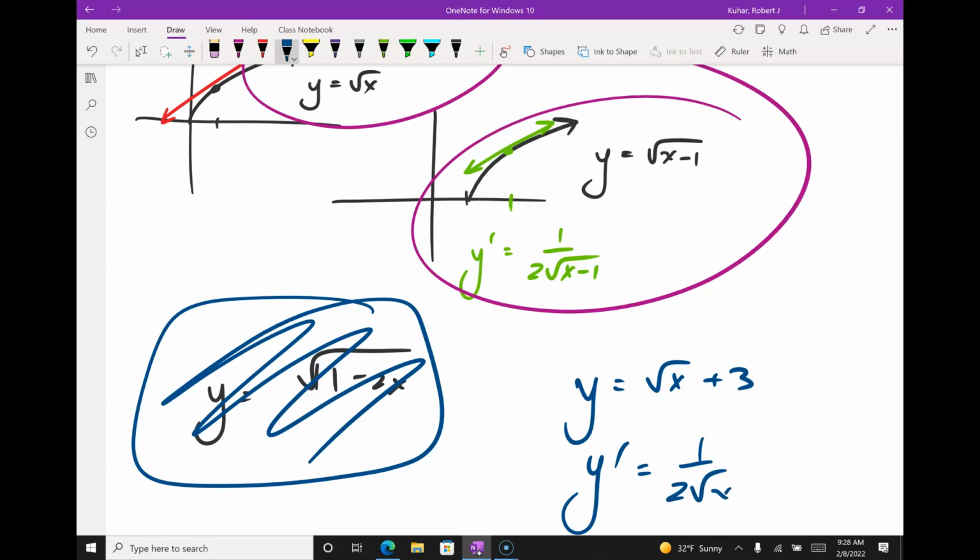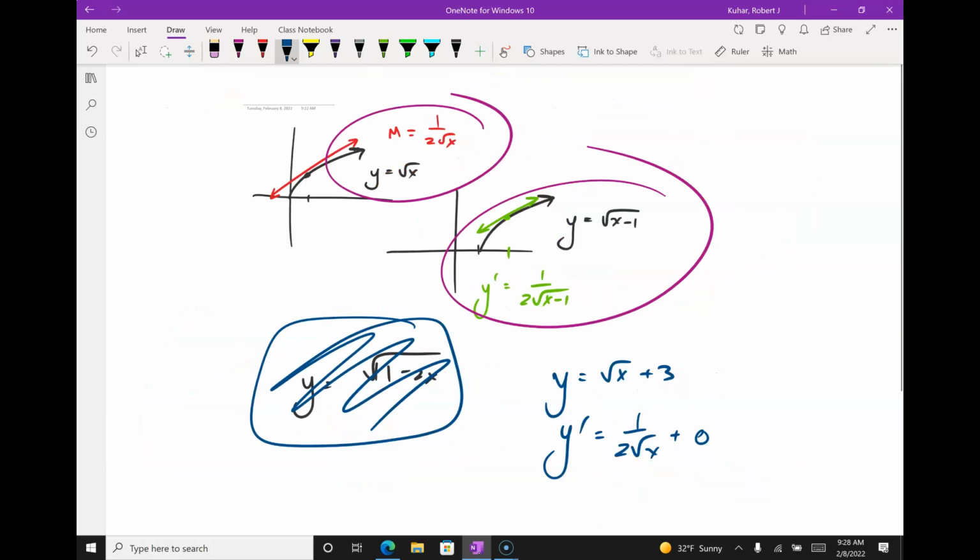One over 2 square roots of x plus what? 0. The derivative of 3 is 0. Right? The slope of the line y equals 3 is a horizontal line, so the derivative is 0. So what am I saying?